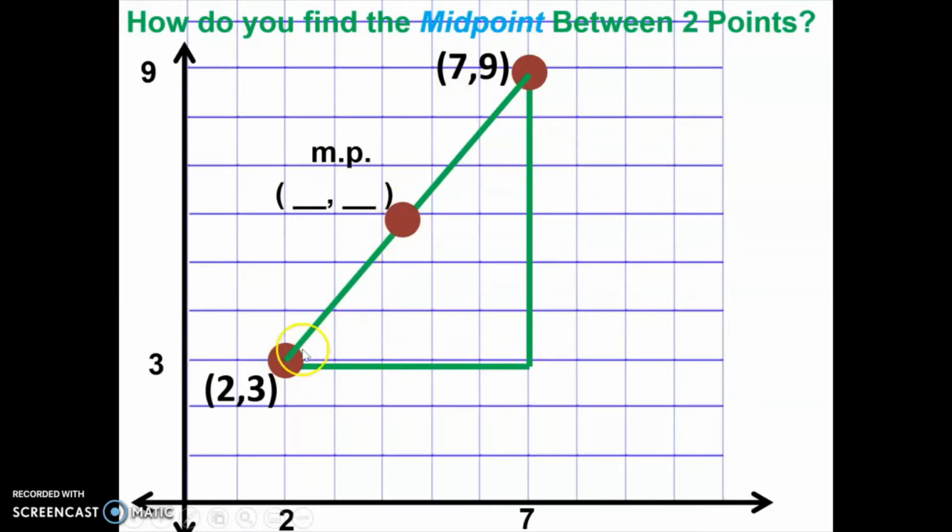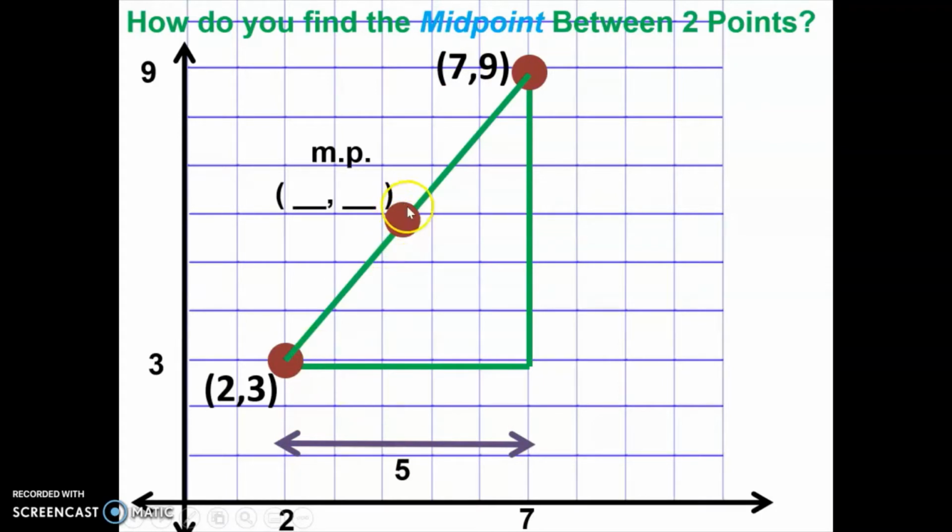So again, this midpoint on this segment is the halfway point along the horizontal movement and also the halfway point on this one. Looking horizontally, we've gone from an x value of 2 to an x value of 7, so we've gone a total distance of 5 units.